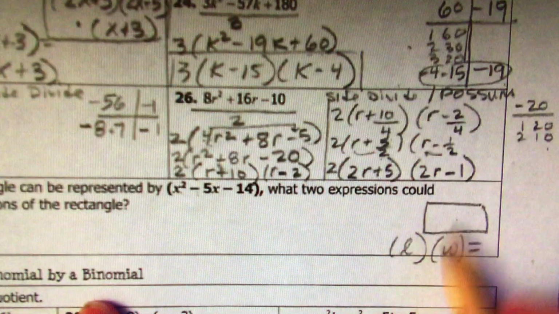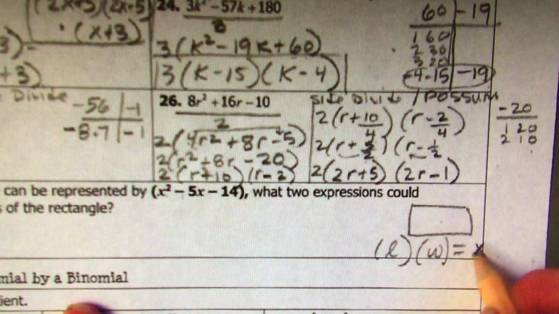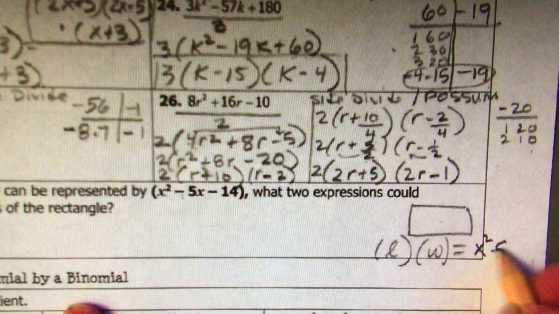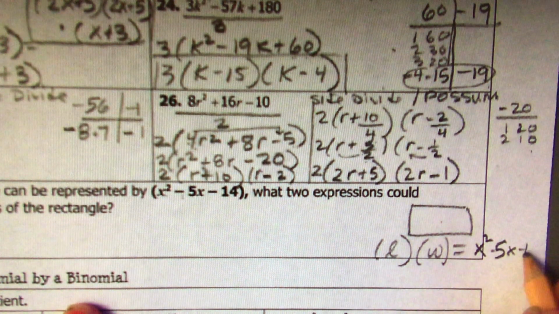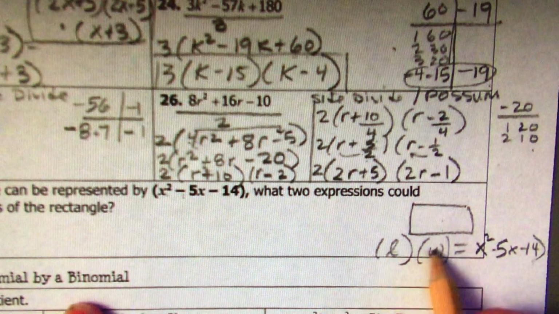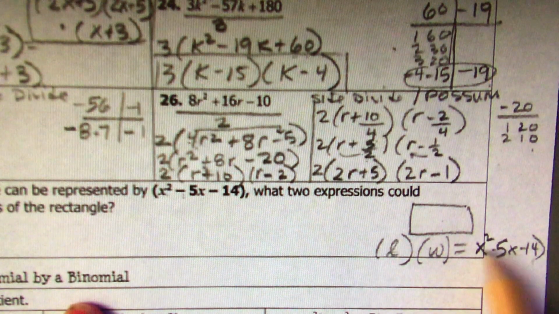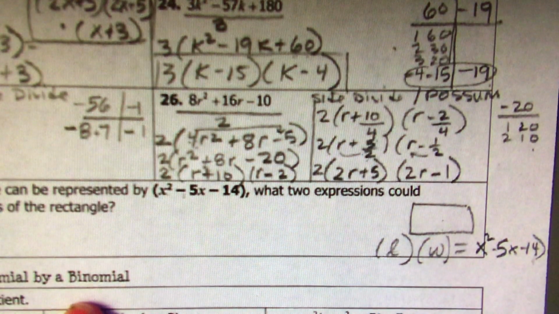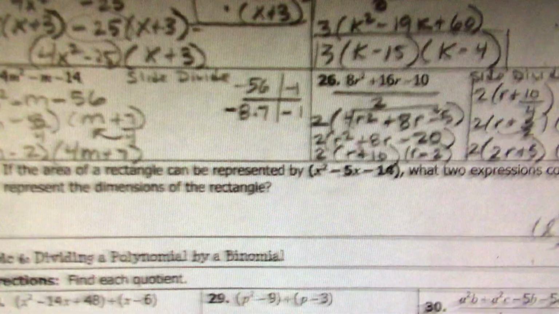Length times width of this rectangle equals this quadratic trinomial. So I'm looking to have 2 binomials to yield me this. Well, isn't that just factoring? Yes, it is. So I'm going to factor this out.